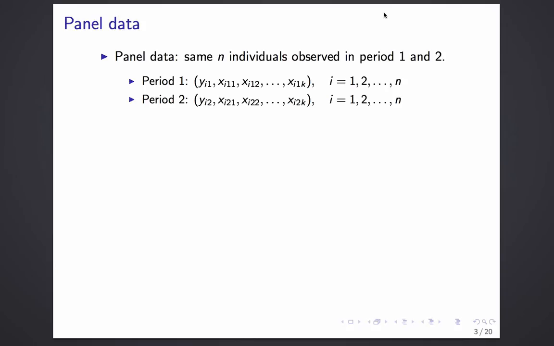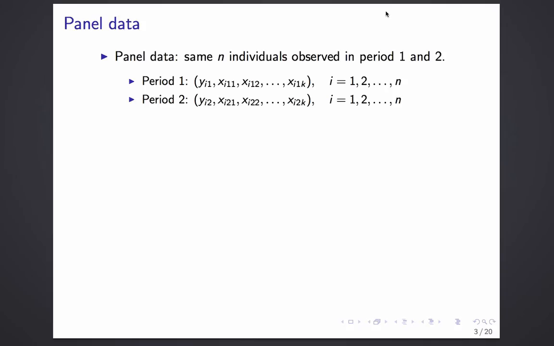So k tells you that it's the kth regressor. The second to last subscript, the 2, just tells you that this is an observation from the second period. And then the first subscript, the i, just tells you that the kth explanatory variable in period 2 varies across different individuals. So that's the way we've set up the notation.